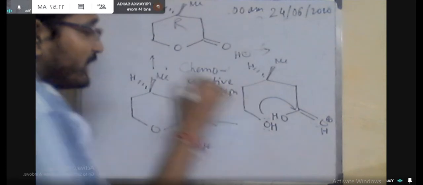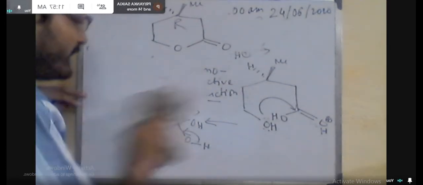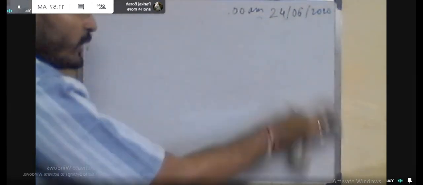So now in this case, if you want to reduce this bond selectively, say you want to form this one, what will be the reducing agent?